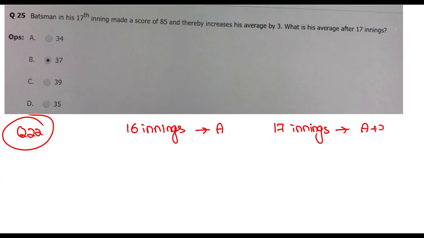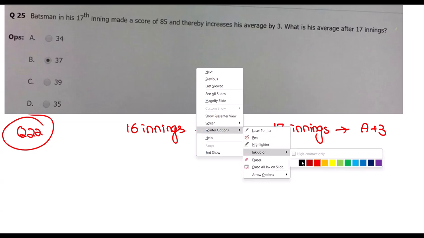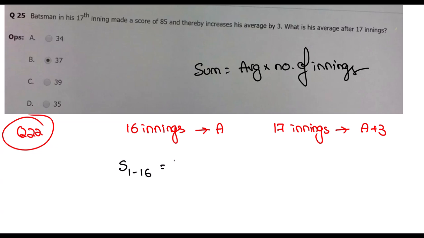A plus 3. Right. We know sum equals average into number of innings, the number of terms. So here the sum of 16 innings, scores 1 to 16, with average A and 16 innings, is 16A.